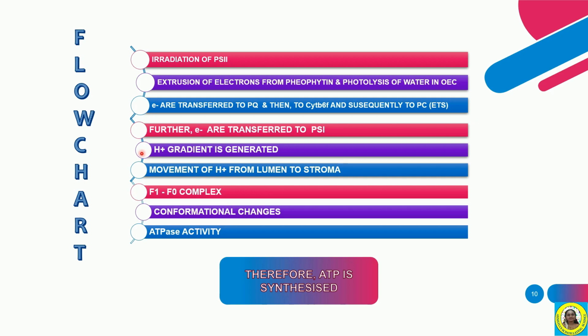There is movement of H+ from lumen to stroma, and then the F1 and F0 complex come into action, and finally conformational changes are produced which result in ATPase activity, thereby ATP is synthesized.